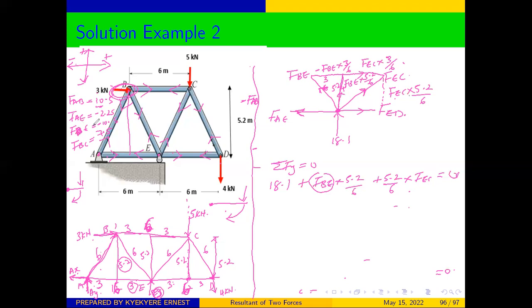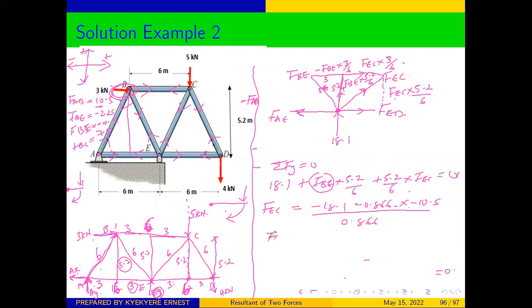Therefore, FEC will be equal to negative 18.1 minus 0.866 times negative 10.5, all over 0.866.